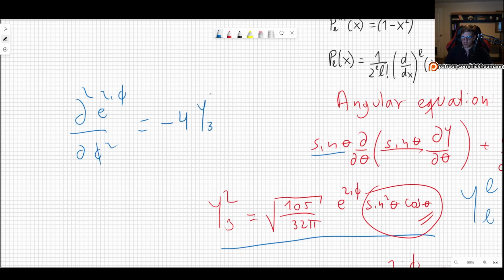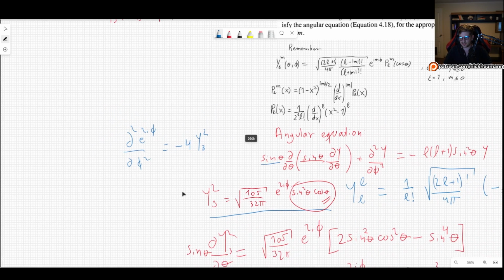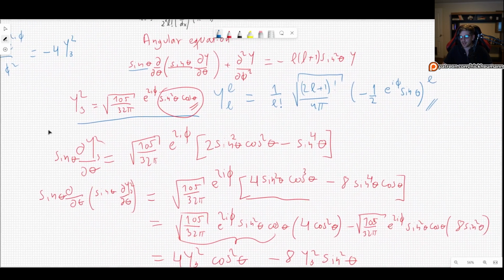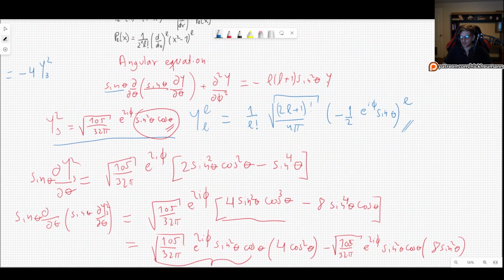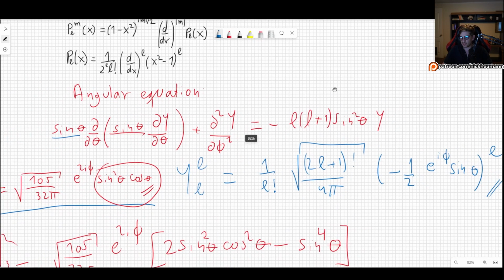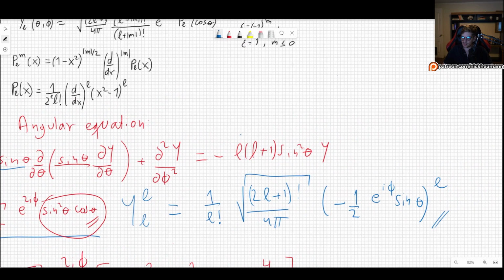So Y32. So we simply get a minus 4 in front. So that's quite simple. And finally here, well, there's not really too much to do except perhaps to calculate the product L times L plus 1. So the product here, if L is 3, would be 3 times 4. So that's 12. So minus 12 sine squared theta Y.